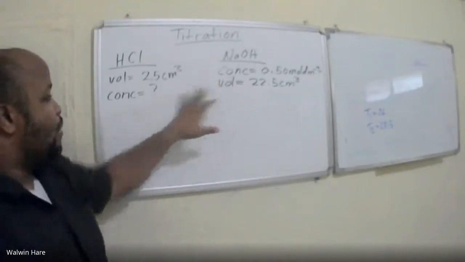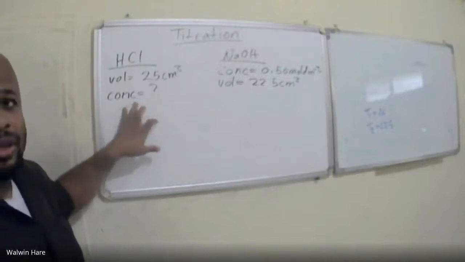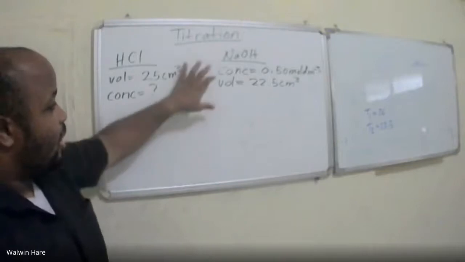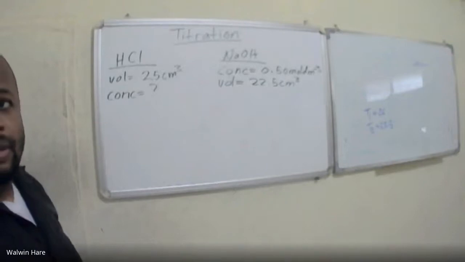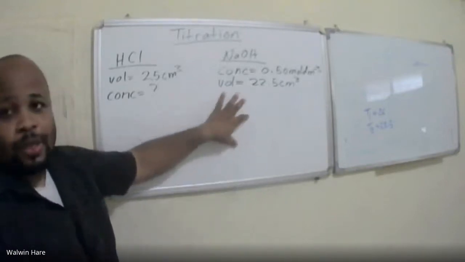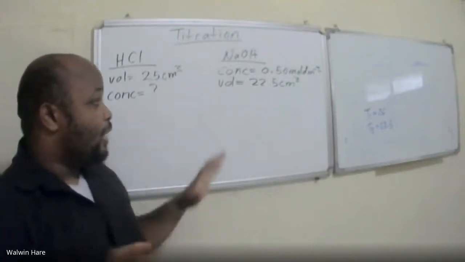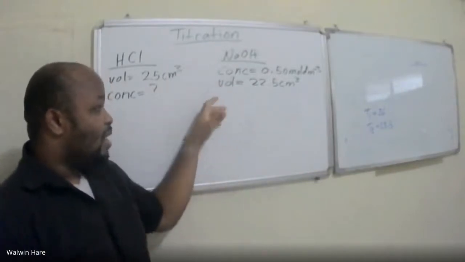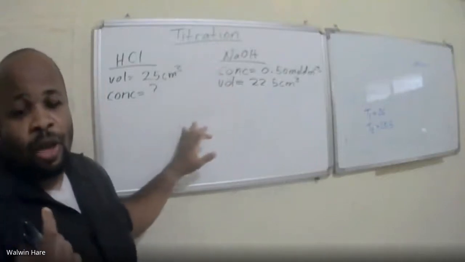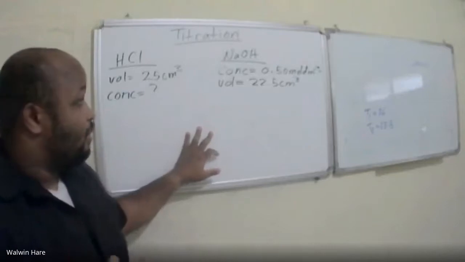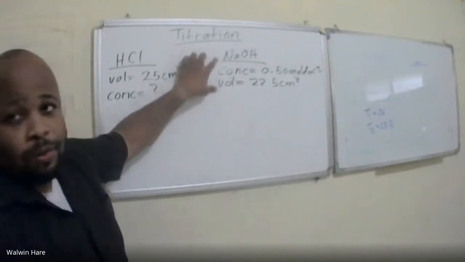Right, so this would be our data. We're trying to find the concentration of hydrochloric acid, and we have the information for sodium hydroxide. Now, by following a few simple steps, we can figure out the concentration of the hydrochloric acid. In any titration question, you must get the concentration and the volume for one of these substances.